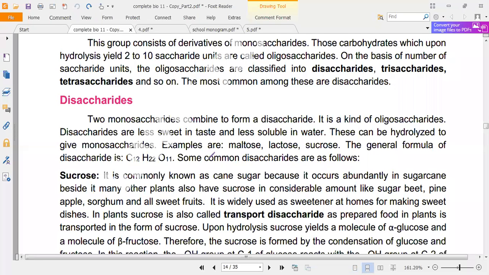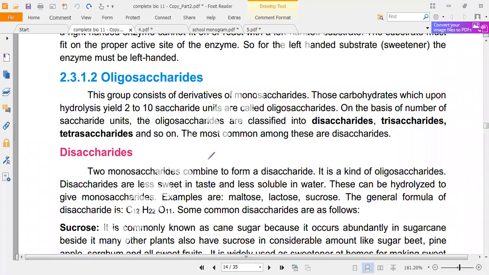Now we will see oligosaccharides in detail. These groups consist of derivatives of monosaccharides. When monosaccharides combine together, they form oligosaccharides.